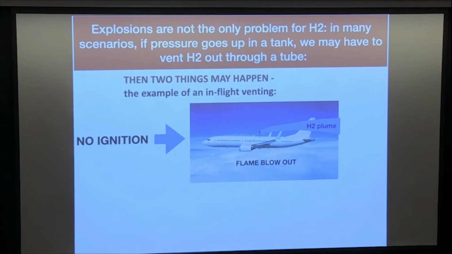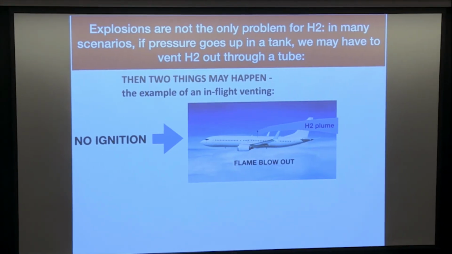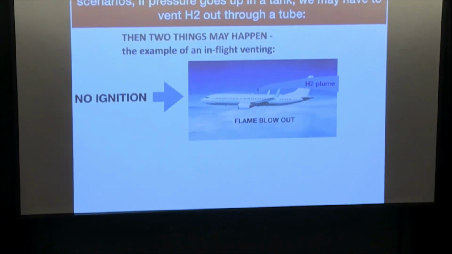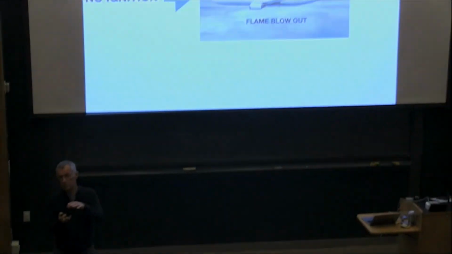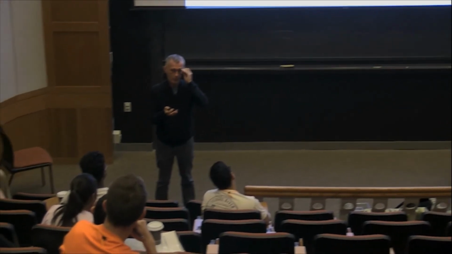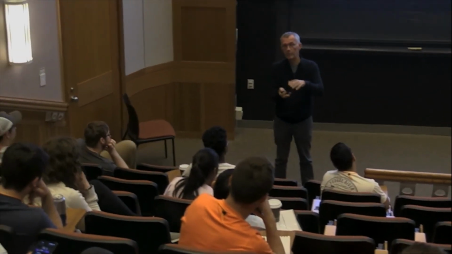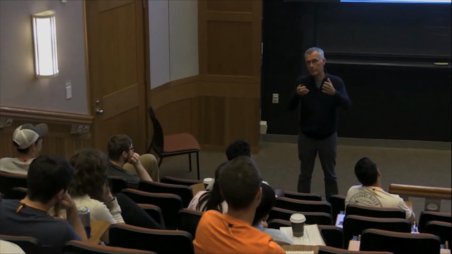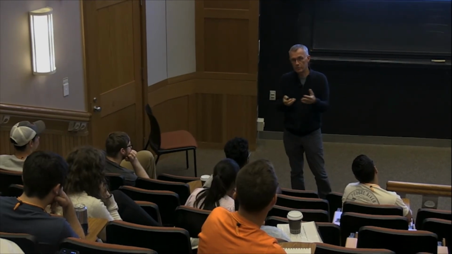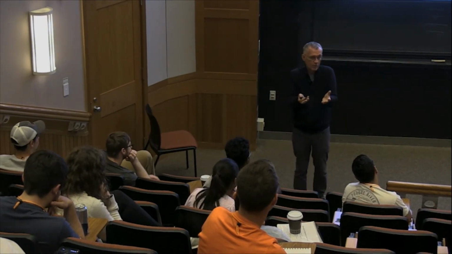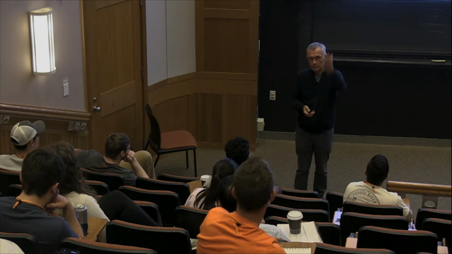Now, the other thing I want to mention here is that the explosions are not the only problem. Suppose that you have a problem with this 20K tank, that it has a problem of isolation. Then it will heat up. And if the liquid H2 starts to heat up, it will boil, and the pressure will go up. If the pressure goes up too much, those tanks are not done to go to high pressure. You will have to vent the H2 somewhere.